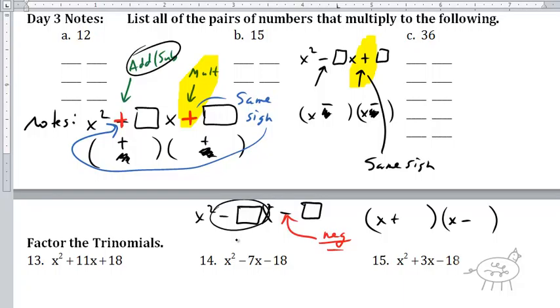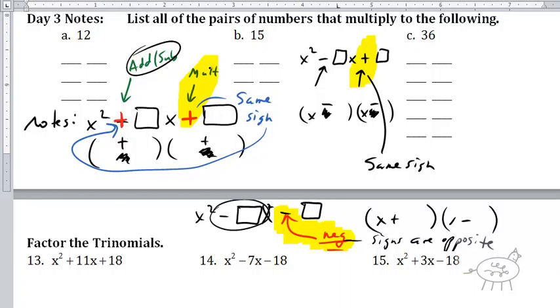Okay? So we're going to do a bunch of examples in a second. But if this guy right here is negative, the signs are automatically opposite. So signs are opposite. Got to know that. Okay, signs are opposite.